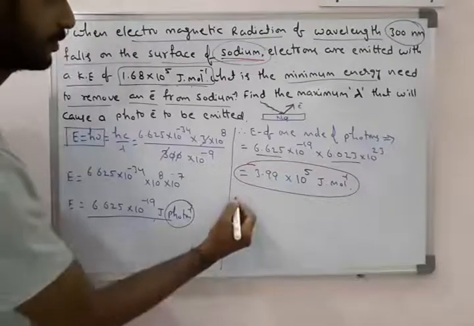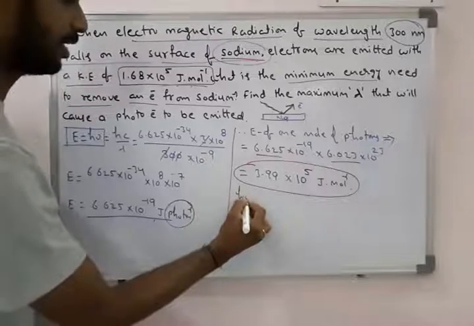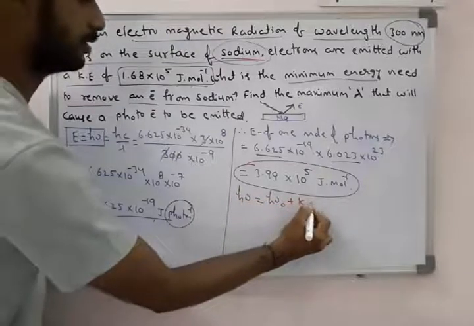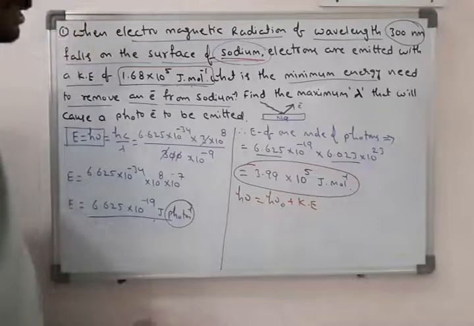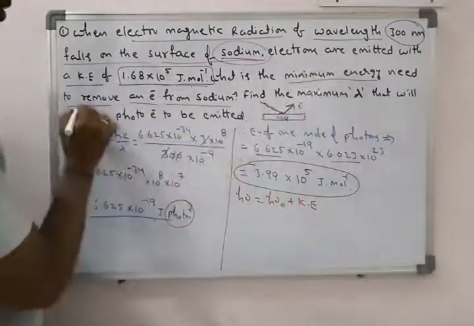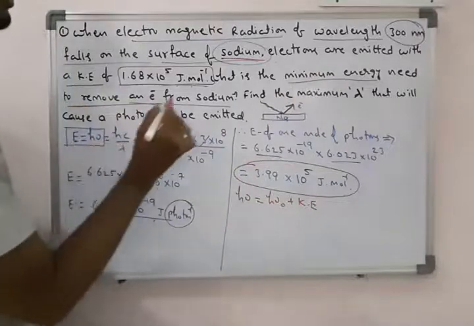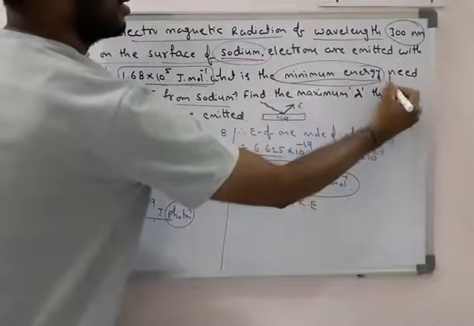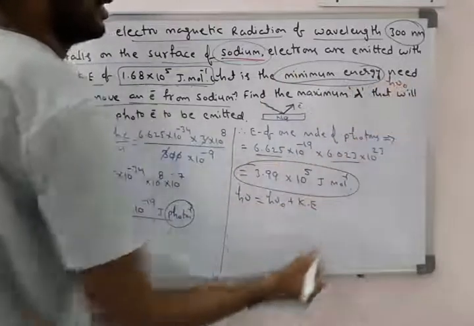Okay, so we know the formula: h nu is equal to h nu naught plus the kinetic energy. We need to find the minimum energy needed to remove an electron. The minimum energy is nothing but h nu naught.